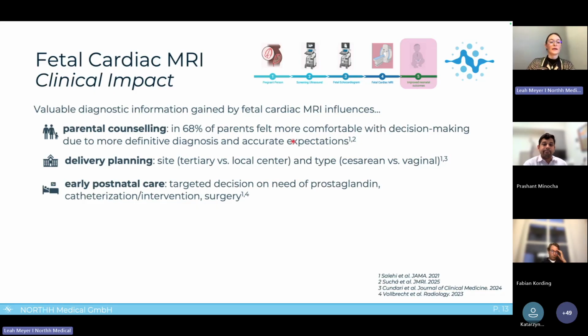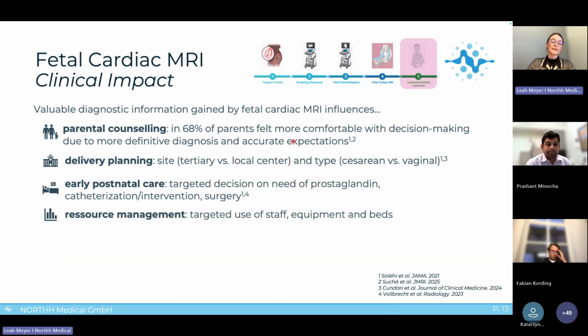It also affects early postnatal care, so targeted decisions on the need of medication, intervention and surgery. And lastly, we hear more and more often about the effect on efficient resource management, the targeted use of staff, equipment and beds if the diagnosis is clear.